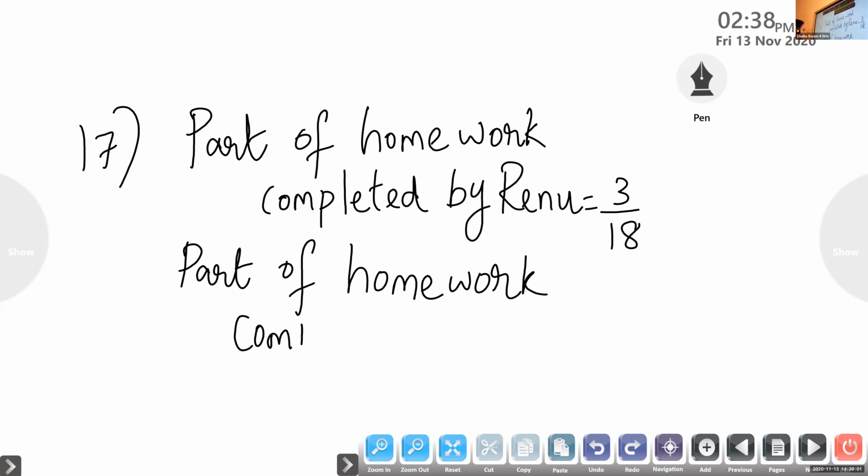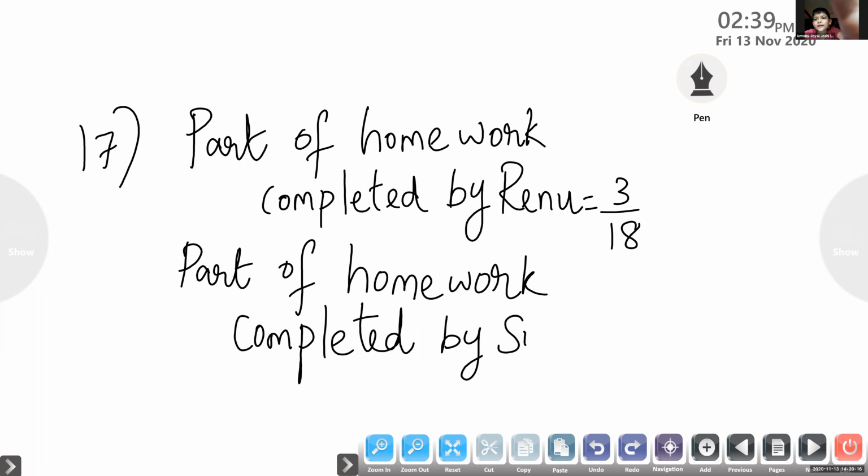That means we have to check whether they are equivalent. We should make the denominator the same. Can we do that also?